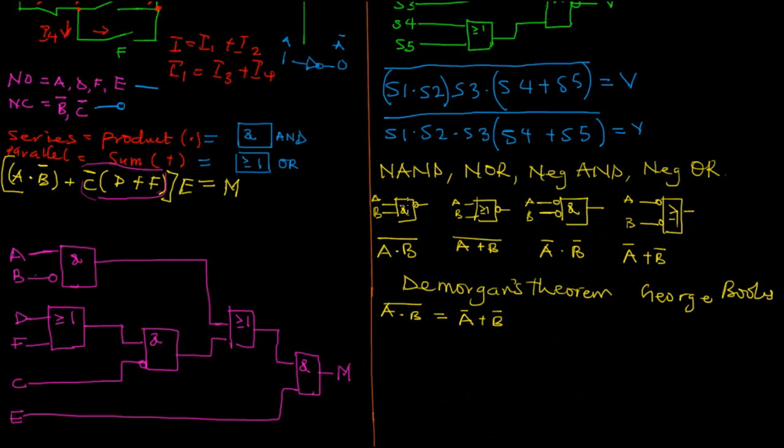In other words, if the output here is Q, then the output here is also Q, because this represents this and this represents this.